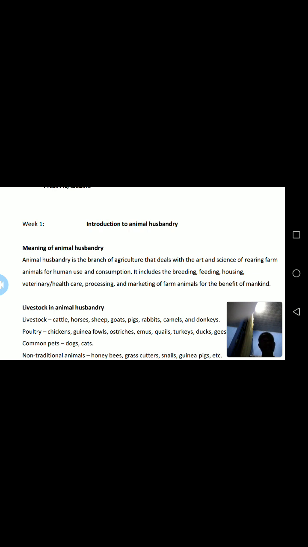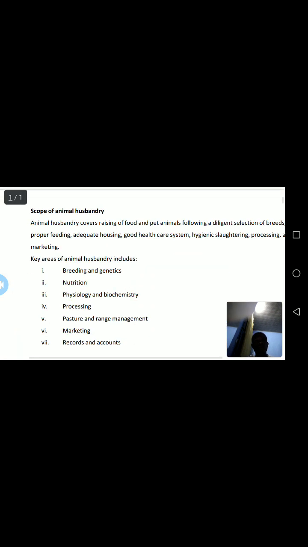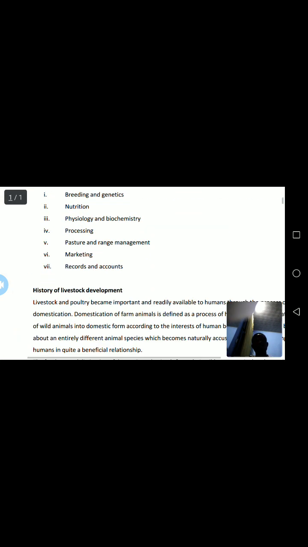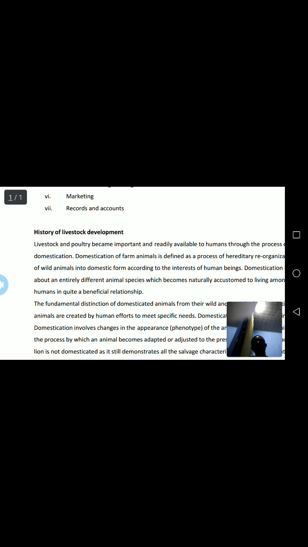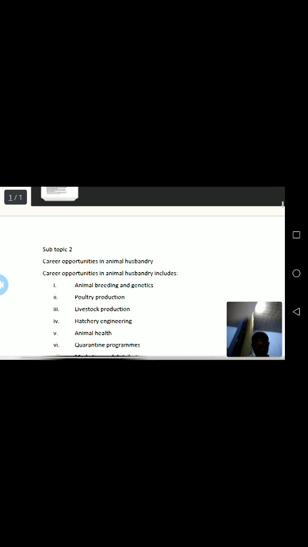In this lesson, we'll know what animal husbandry is, and the scope of animal husbandry. We'll also look at the history of livestock development, and the types of animal husbandry, the subsistence and the commercial animal husbandry, and so on.